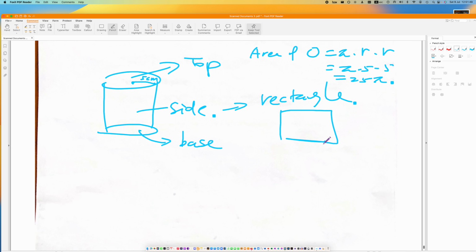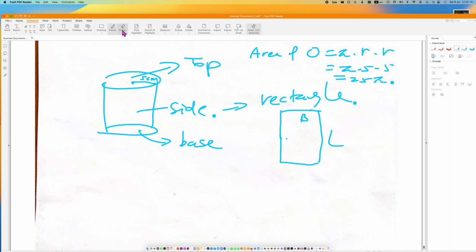This is the breadth of the rectangle, right? The breadth of the rectangle is the circumference of the circle.